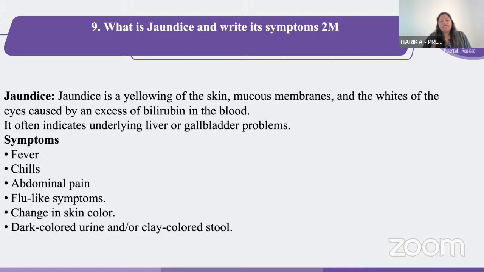The urine becomes dark in color, or the stool which is excreted turns blackish or brownish, with a clay-like texture. Okay, so these are the symptoms of jaundice.